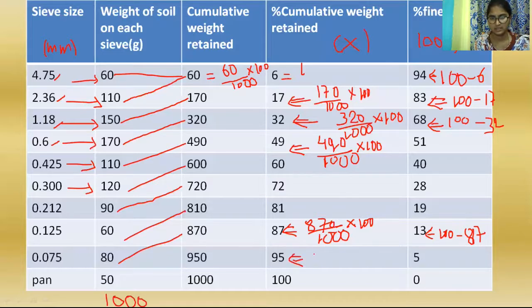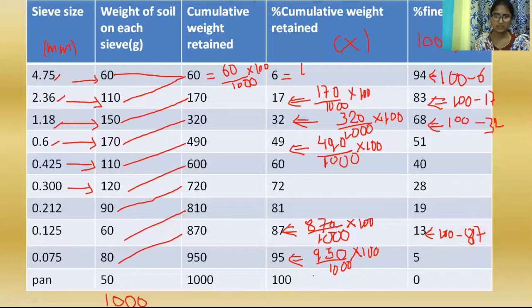Here 950 divided by 1000 into 100 gives 95.